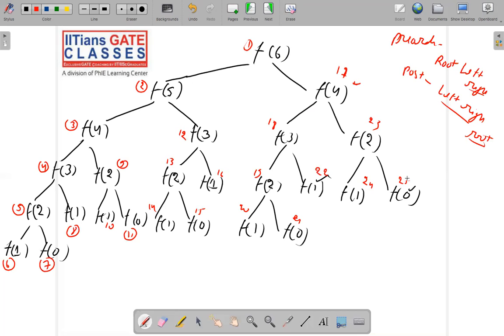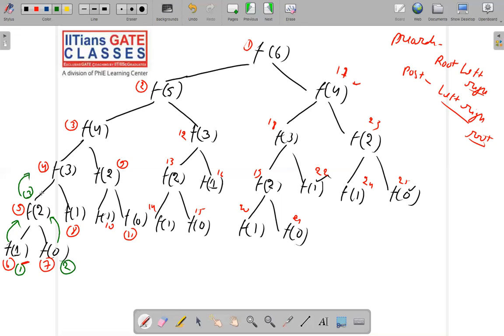Okay, but how will the functions return? It will be post-order. The left one is this one. This is the leftmost. Let me mark them with green color. First, this one will be called. Then left, right, then root. Then this one will be returned. First, this function will return the value. This function will return the value. Then addition will happen here, and this one returns the value.